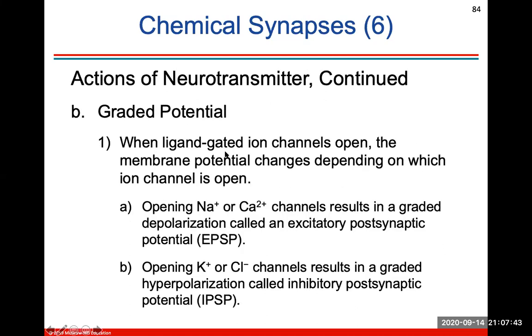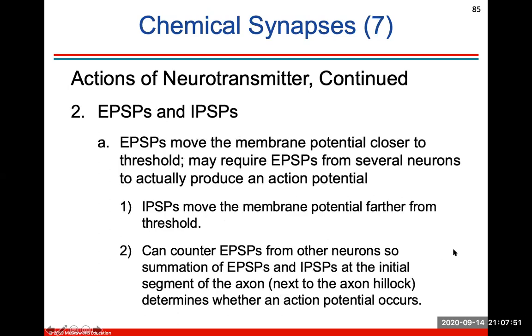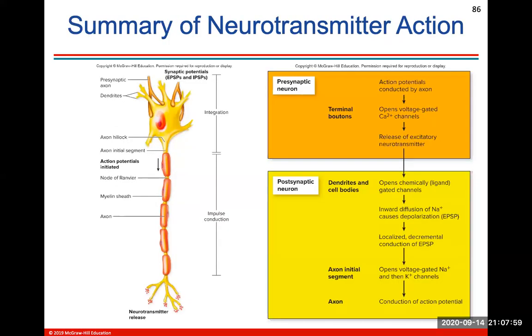When this channel opens, the membrane potential will change, depending on which channel it is. I'm going to let you read through this. We don't have to know too much detail about these, but this is another good summary of neurotransmitter action on the presynaptic neuron and postsynaptic neuron.